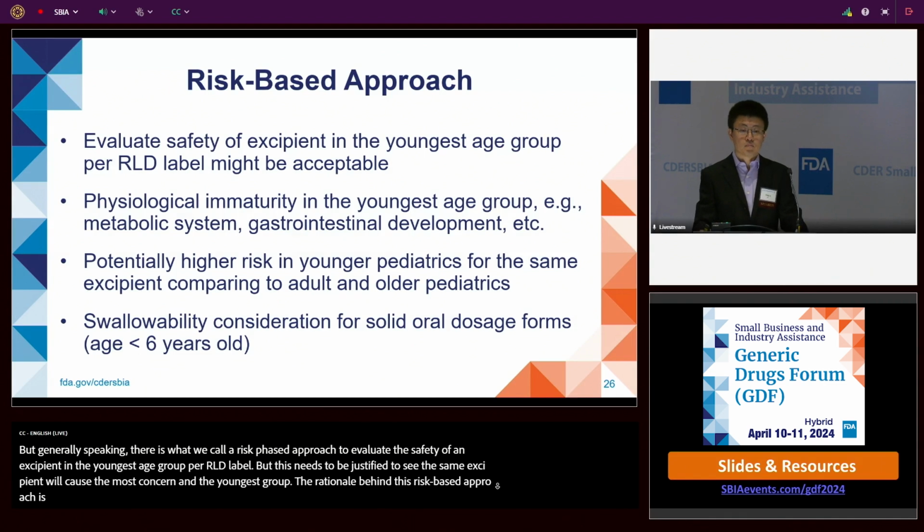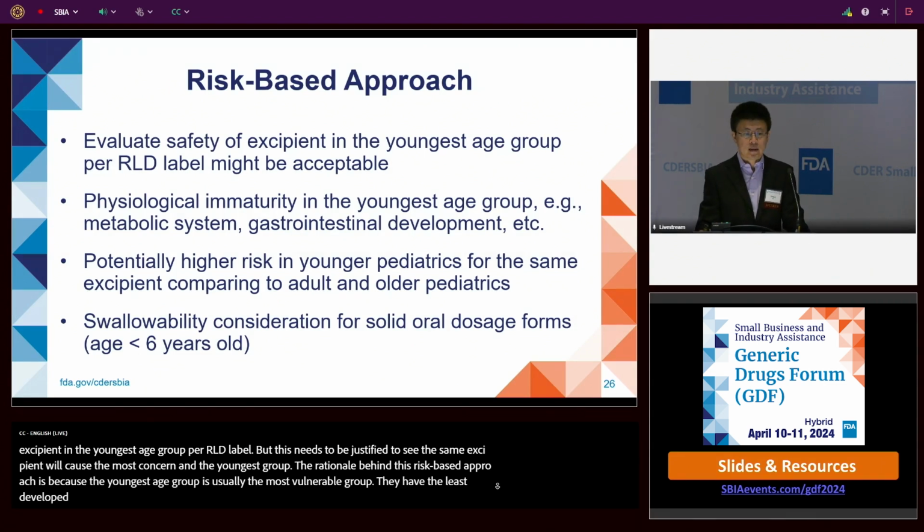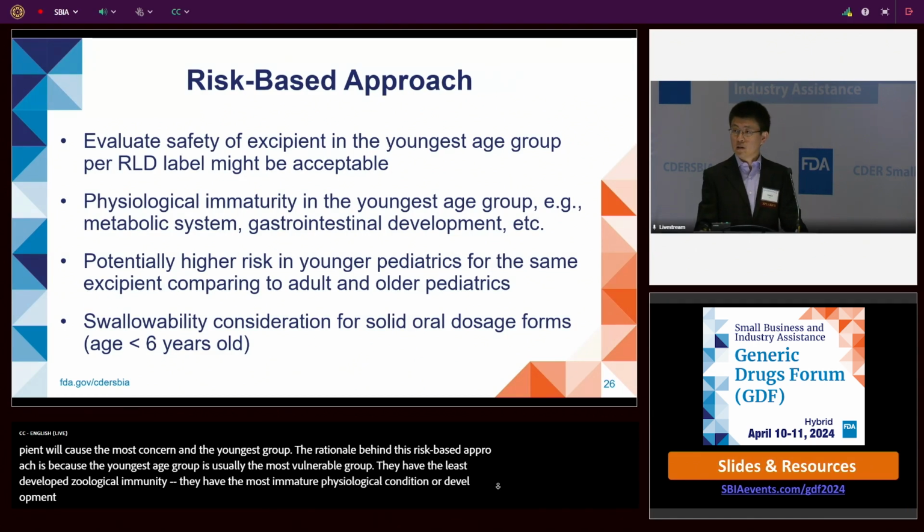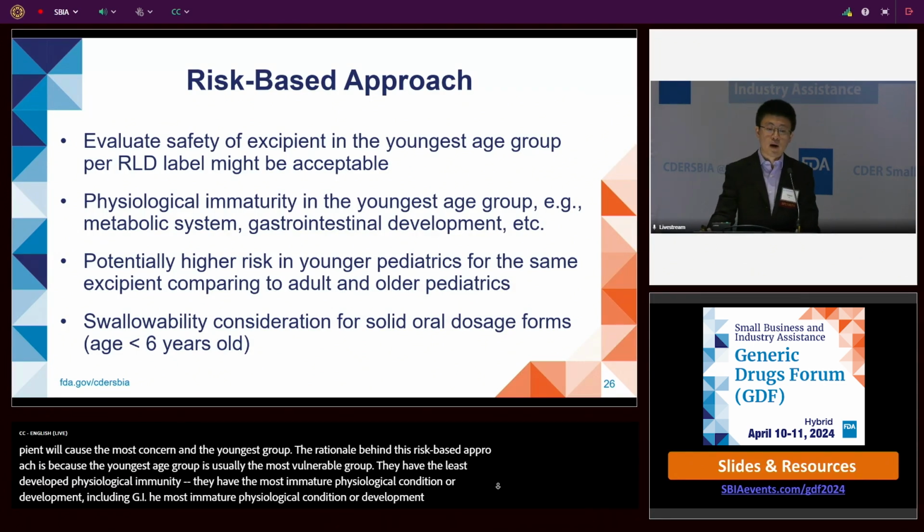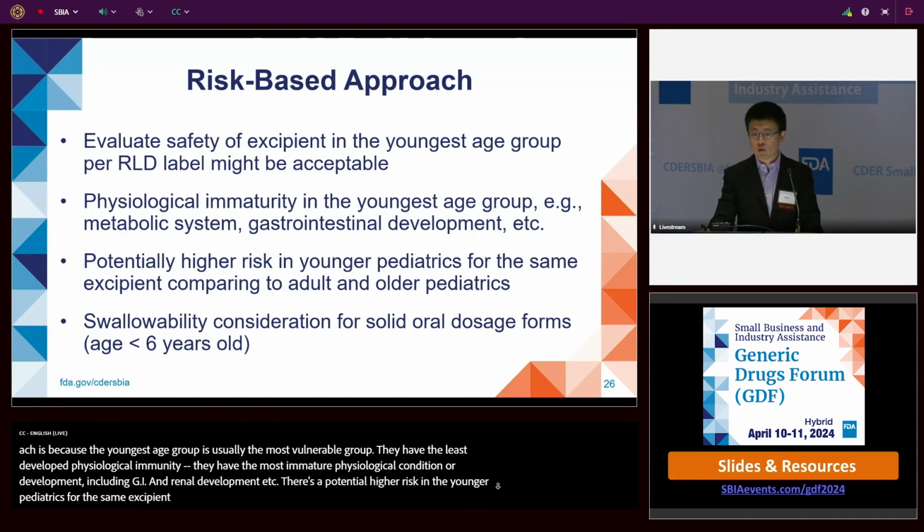They have the least developed physiological immunity, and the most immature physiological development, such as the metabolic system, GI development, renal development, etc. There is a potentially higher risk in younger pediatrics for the same excipient compared to older pediatrics or adults.